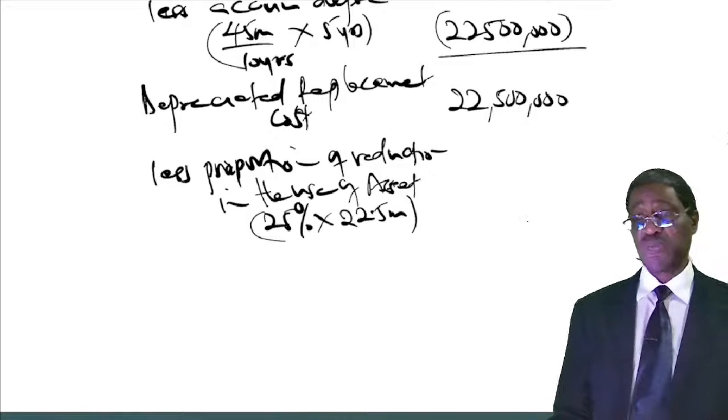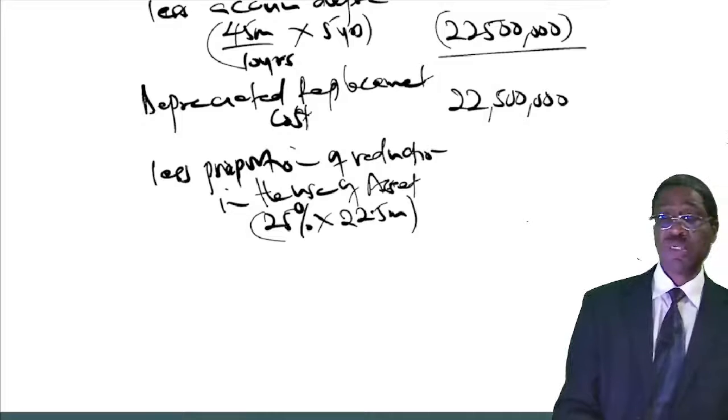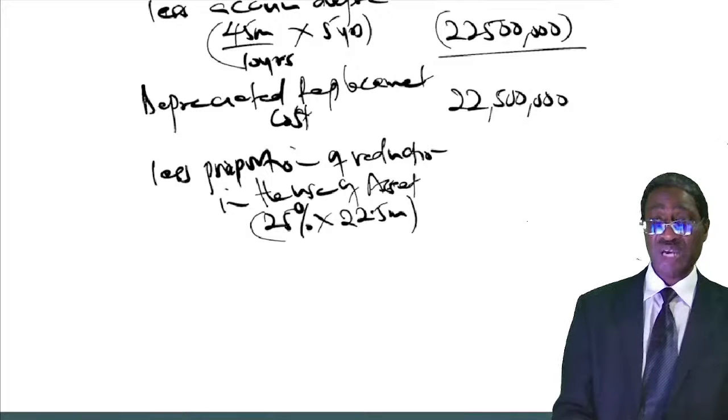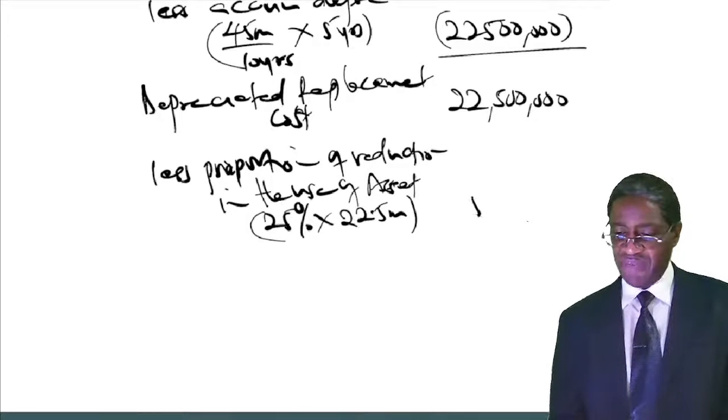So we reduce the production, and we reduce the efficiency by the proportion of the reduction. 25% of 22.5 is 5,625,000.